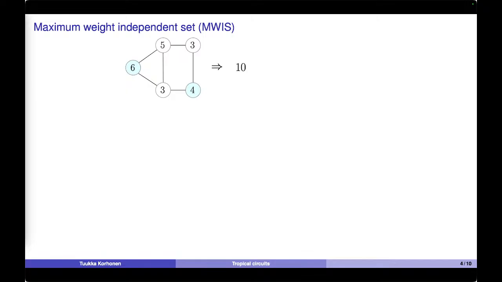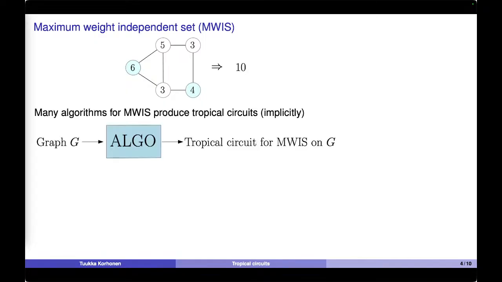So, okay, one problem where I looked into tropical circuits is maximum weight independent sets. You have a graph and weights on the vertices, and you have to output the maximum weight of an independent set in the graph. My observation was that a lot of algorithms for maximum weight independent set, both theoretical and practical, implicitly produce tropical circuits.